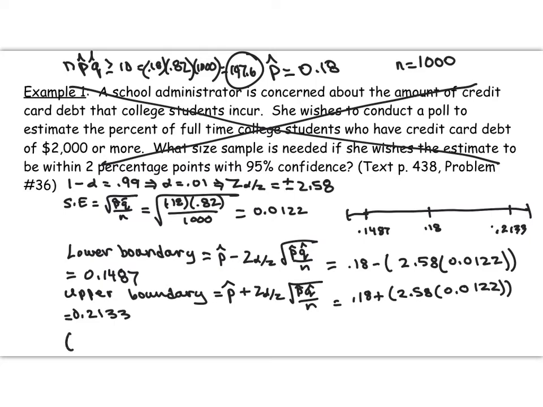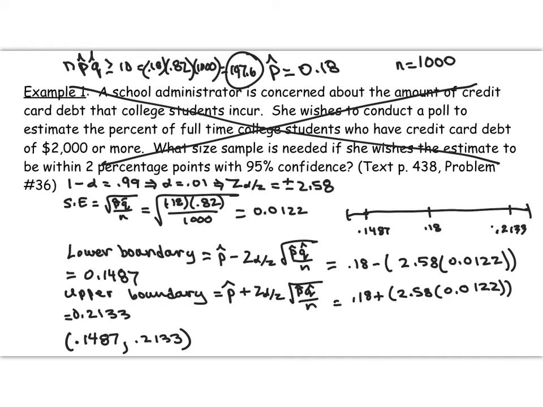If I ask you for a confidence interval, you're going to give me interval notation, that's what this means. You're going to give me the lower boundary first, and then the upper boundary second, with a comma between them and parentheses.